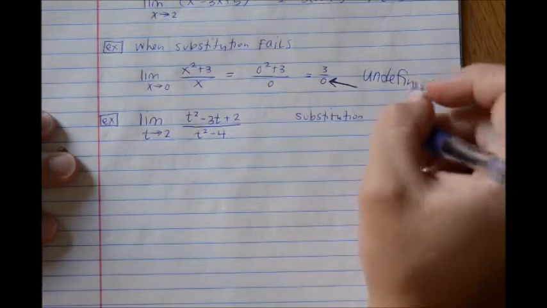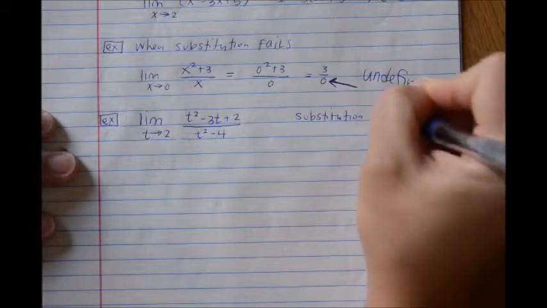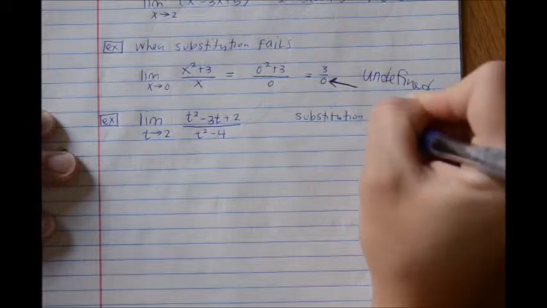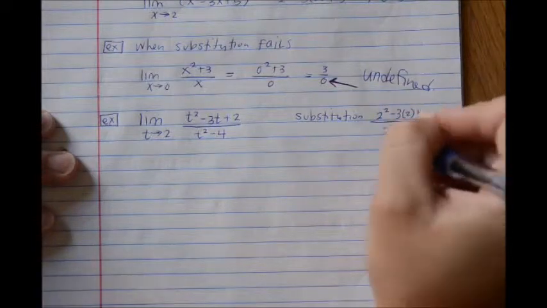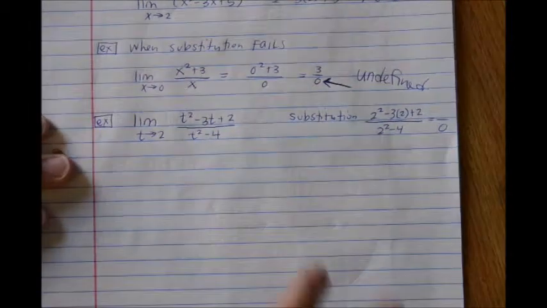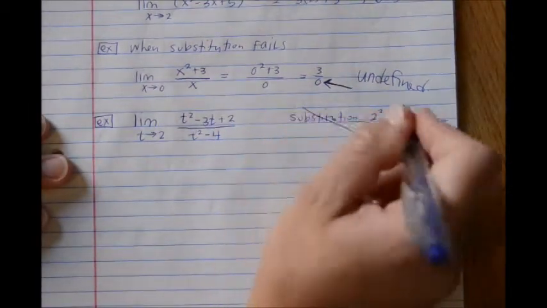If we use substitution, we plug 2 in and get 2 squared minus 3 times 2 plus 2 all over 2 squared minus 4. Notice we're going to get a 0 in the denominator, which is why substitution does not work.